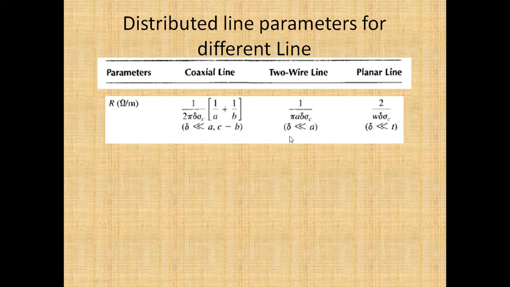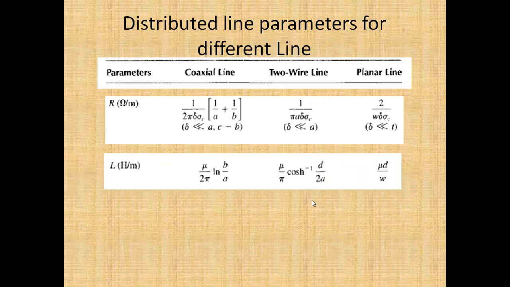For the two wire line it is given in terms of delta and a, and for the planar line it is given in terms of omega, delta and sigma c, the conductivity. So the resistance is calculated like this for the two wire line, and next is L, in henry per meter. L will be calculated in this manner.